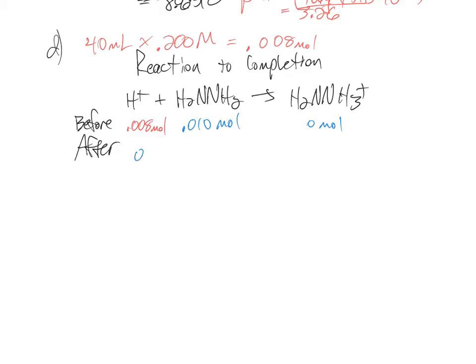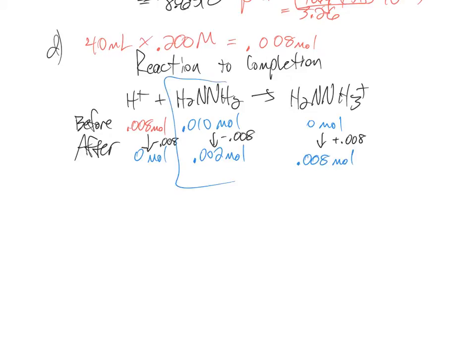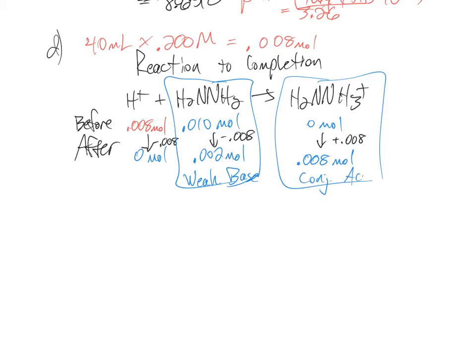One of the reactants goes all the way down to 0, and it's the one that has fewer moles initially. The reduction in number of moles is the same. On the product side of the equation, it's not a reduction, but an increase in the number of moles by that same amount, 0.008. At the end of this reaction to completion, we still have at least some weak base and some of its conjugate acid. So we can still use Henderson-Hasselbalch.